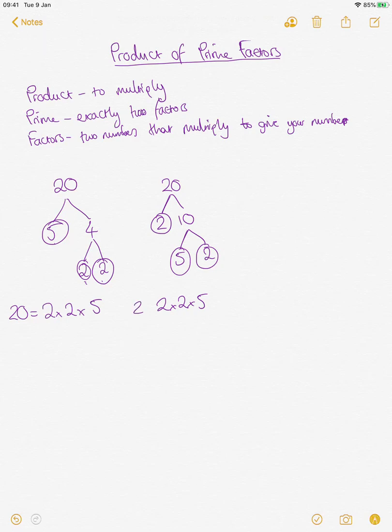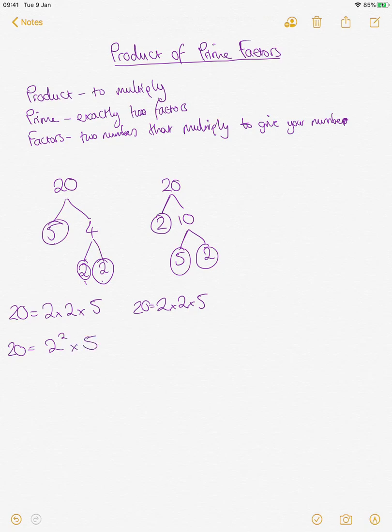And I might just want to write 20 equals those things. Think about it, if you do 2 times 2, that's 4. If you do 4 times 5, that gets me to 20. So you can double check your answer by doing this calculation. Another thing to note is that this can also be written as 2 squared times 5.